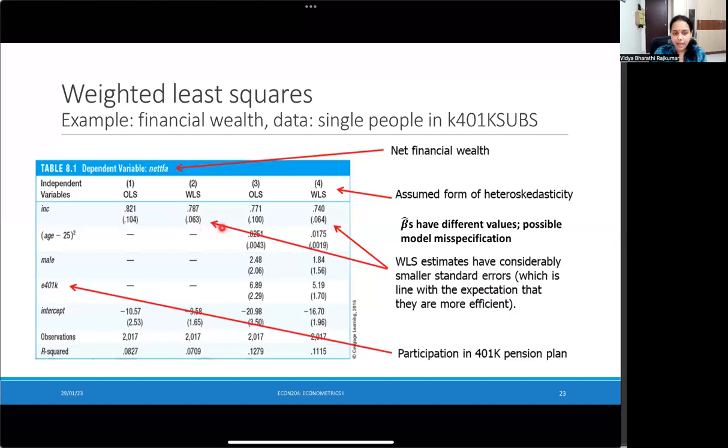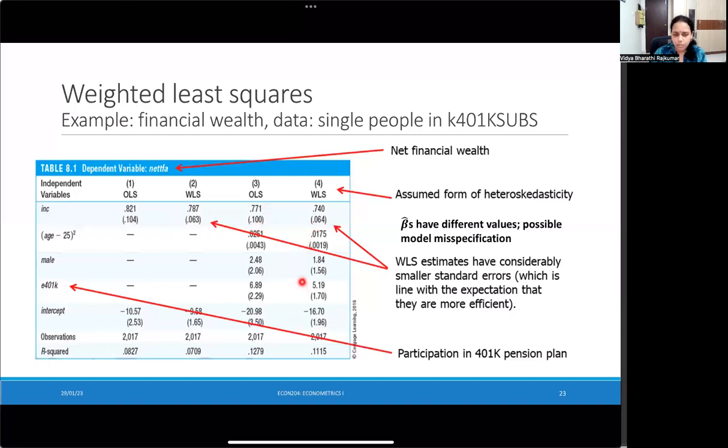The same pattern continues to hold when you add in more regressors as well. If we add in the other regressors, notice that the coefficients are changing a little bit between the OLS and WLS, but the WLS standard errors are a bit smaller than the OLS standard errors, telling us that WLS is more efficient.